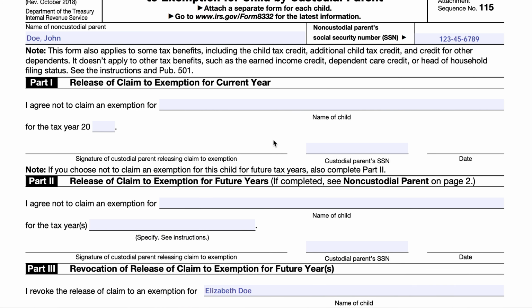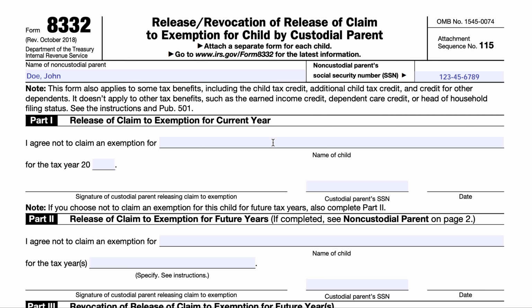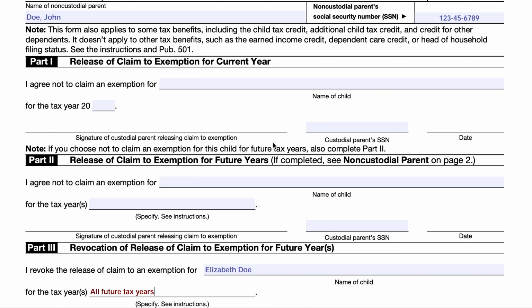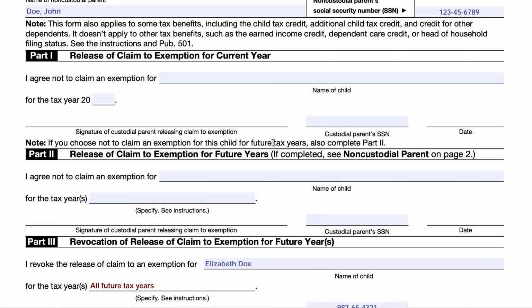Well, as long as she doesn't actually file the Form 8332 to revoke the claim of release for John Jr., then their tax situation would be fine. The IRS would recognize that Mary Jane is going to revoke her release for Elizabeth, but then John would still be able to claim the exemption for John Jr.